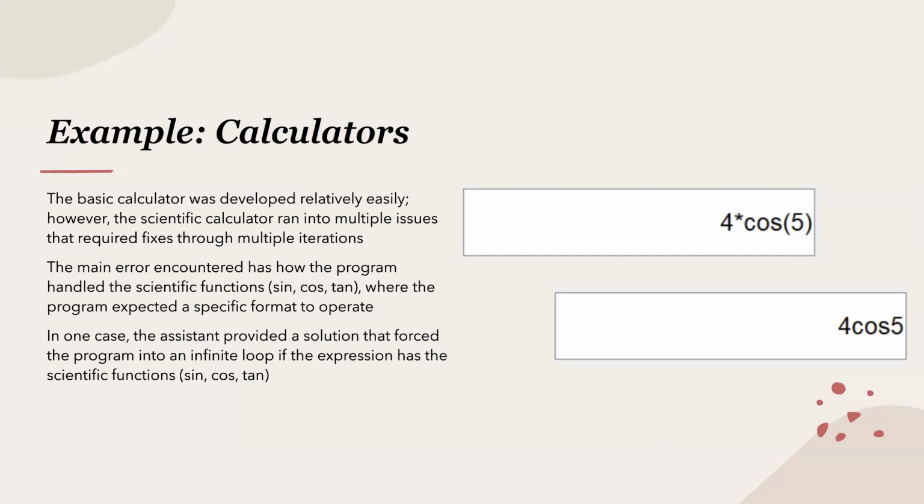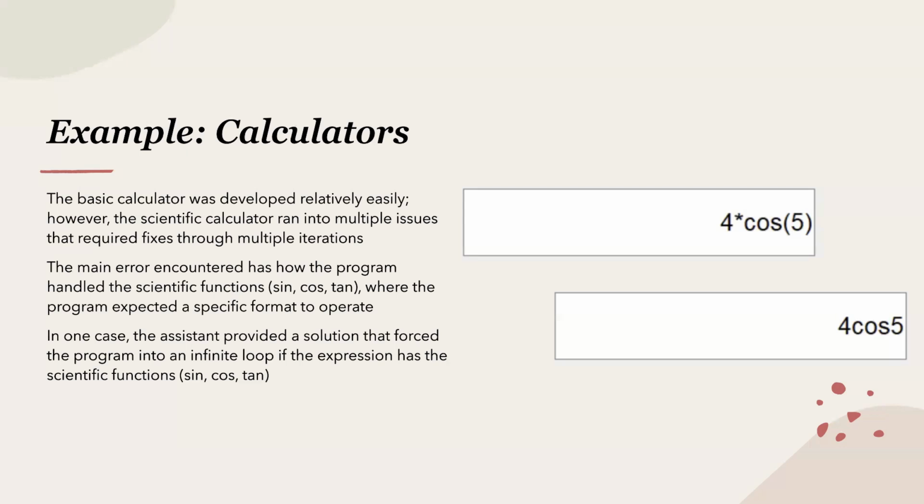However, the issue was that if you were to type the same expression but without the multiplication and the parentheses, so 4 cos 5. Now, for you and me, we will understand these two are the same thing. They mean the same thing. But for the program, this is incorrect because it was expecting this to come out. So as such, it was coming back as an error, even though the program should be able to calculate it the same way.